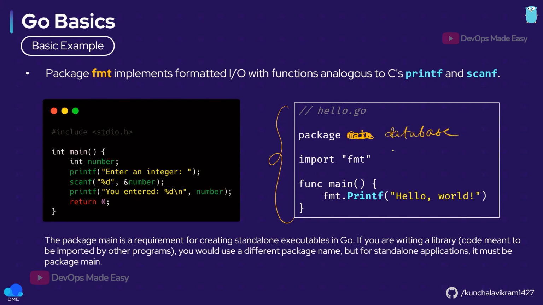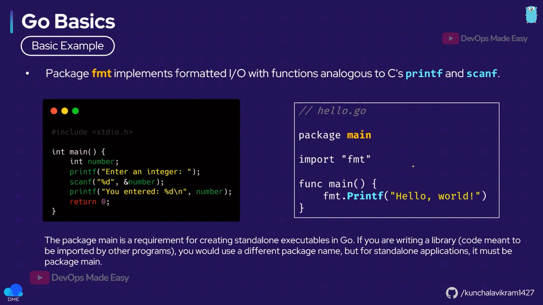This Go code belongs to the package database, and this package can be imported by other Go projects. And this being a package main means that you are trying to build an executable in Go, which means this particular program is going to be converted into an executable, the final format. That is the advantage of package main.